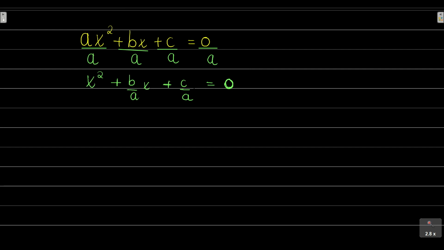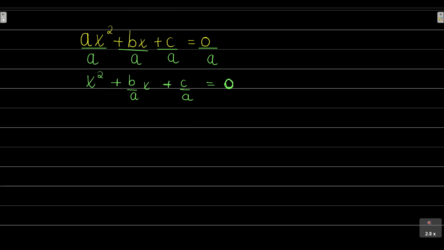Now we see that our coefficient for x squared is 1, so now we can start with our solution. Then what else do we also see?